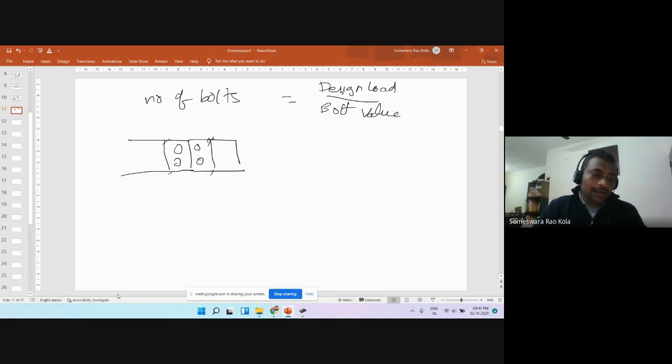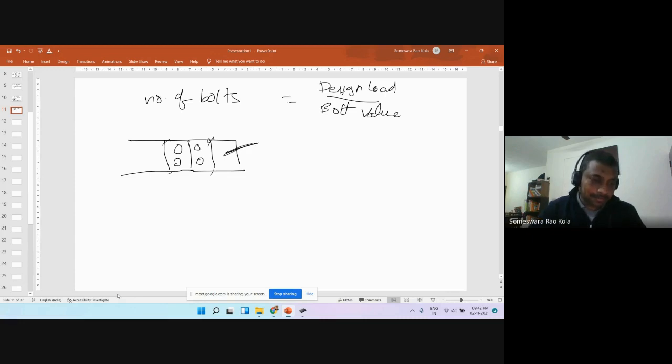Now what we want to find out is the strength of the plate that we are connecting. For this connecting plate, again, we have three quantities that we have to understand.